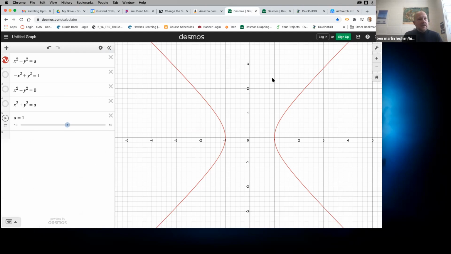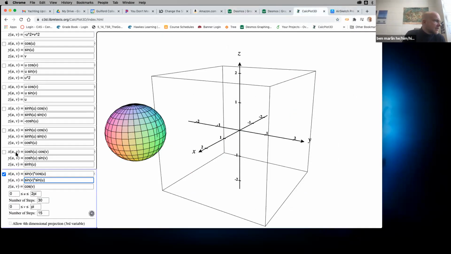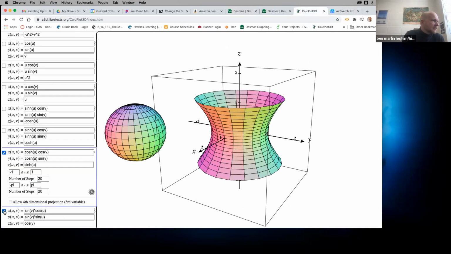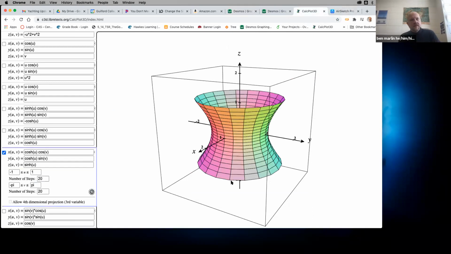Then that being in the r theta plane and the theta changing, you rotate it around, and the shape that you get out of it is going to be one of these things, okay? So your hyperboloid of one sheet.